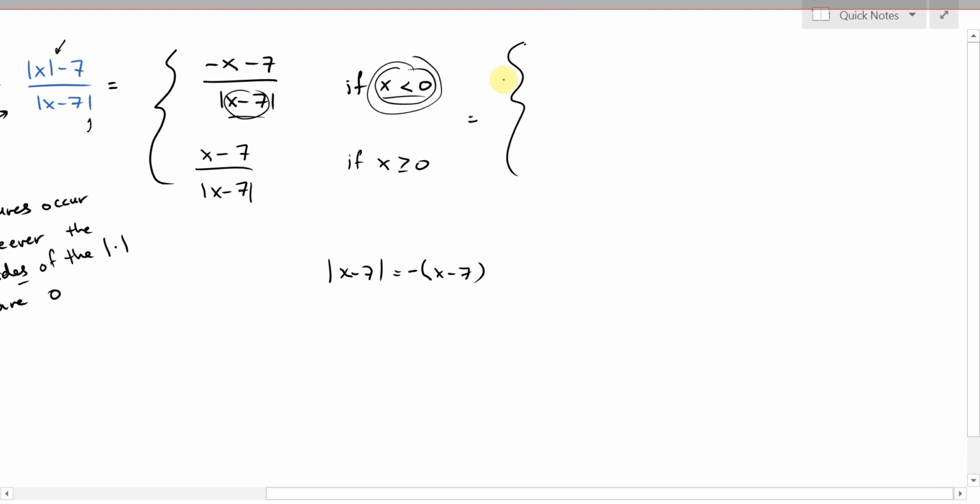So I can actually get rid of those absolute value signs, and the formula doesn't change at all if I put a minus right there, because when x is negative, x minus 7 is certainly negative, so its absolute value is definitely going to be minus itself. So now we've gotten rid of the absolute value signs here.